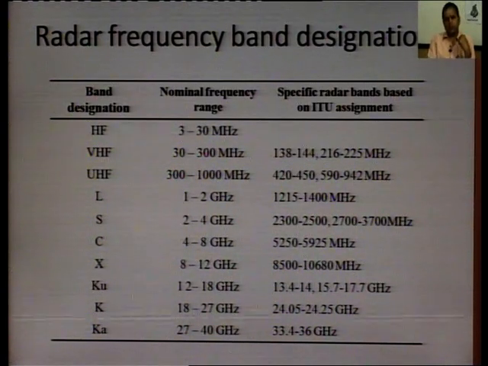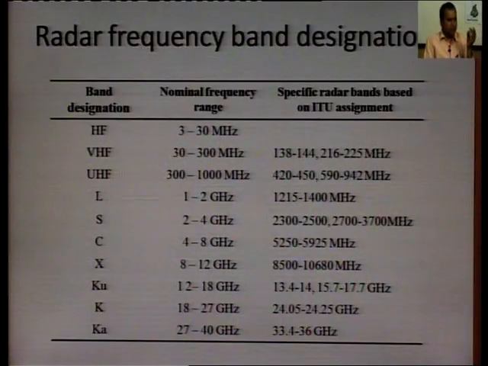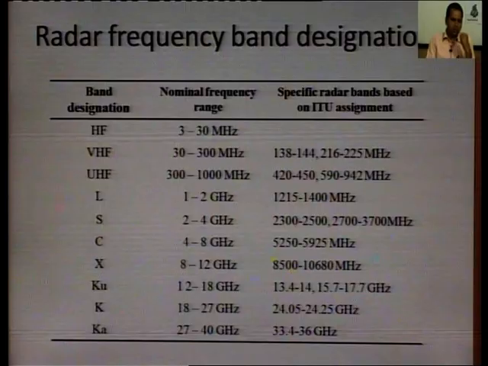These are the frequency ranges for the radar system. So, if a particular radar is being operated at a particular band, we should know which band the radar is being operated on.